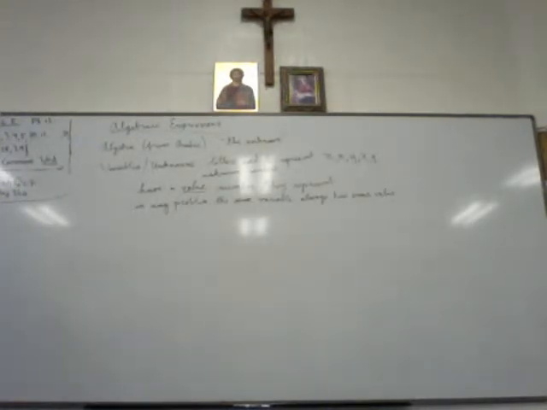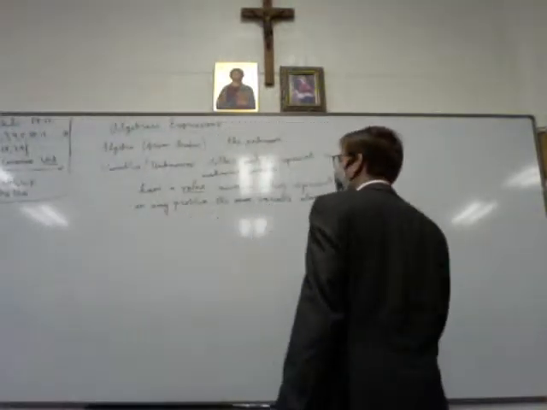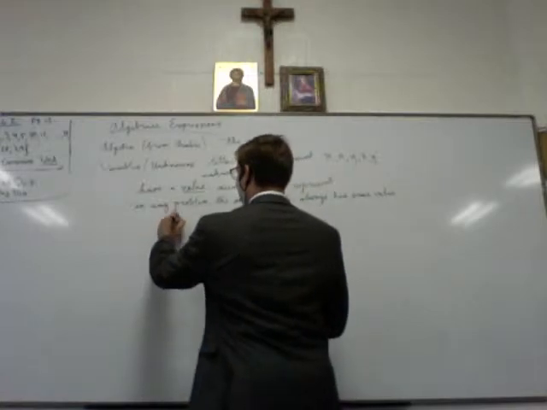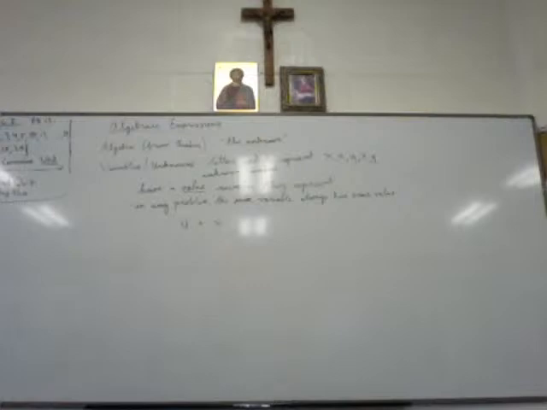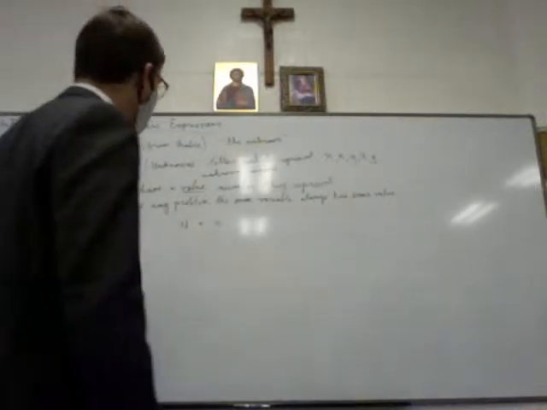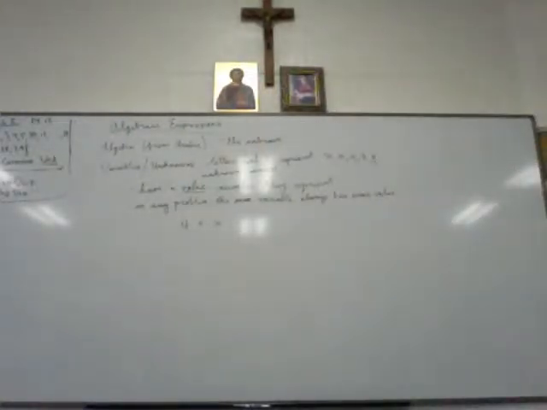So for example, when we have an expression like this, and when I say expression, this is not an equation, because there's no equal sign. It's an expression, it's a mathematical thing. We call this an algebraic expression because one of the things in it is what?